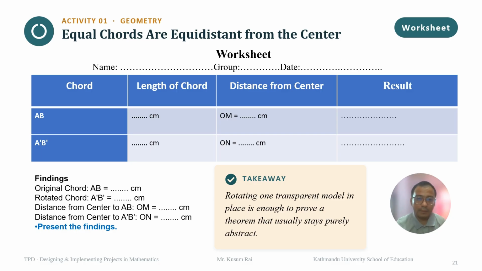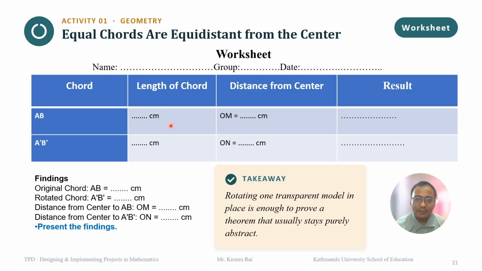Now I have designed this worksheet for recording all the evidence after the observations and measurements from the prepared sheets. The lengths of chords can be recorded in this column: AB and A dash B dash.